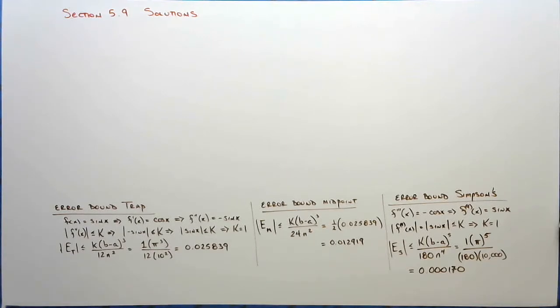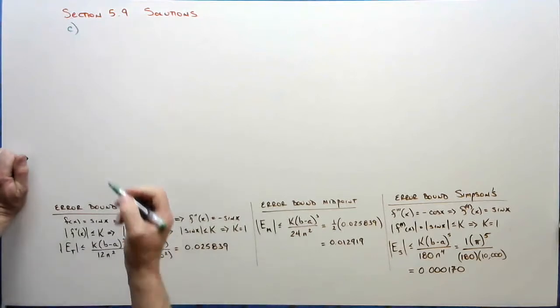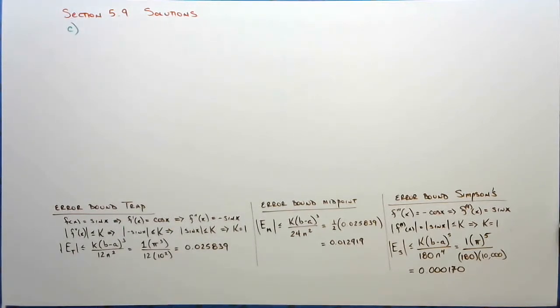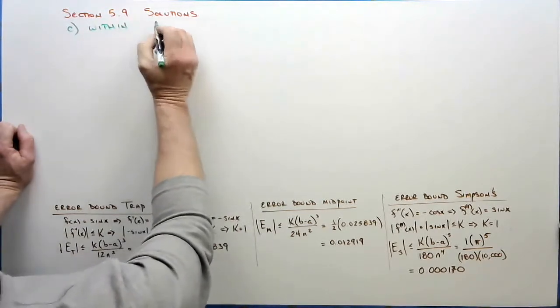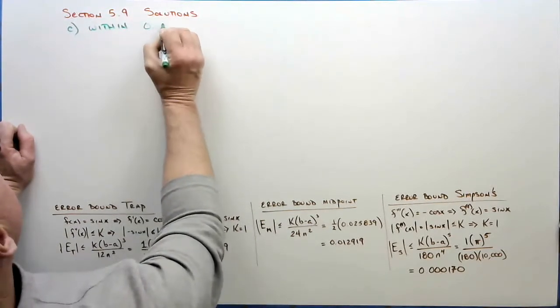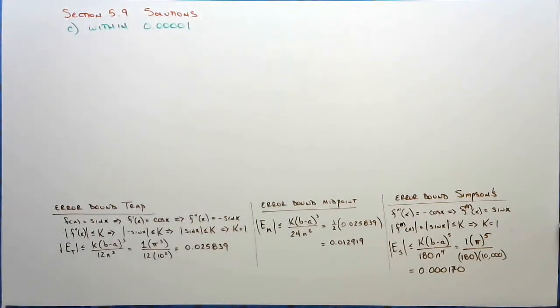Okay. So in part C, they're stipulating that we want our error, our accuracy to be within 0.00001. So our error has to be within this bound, all right?